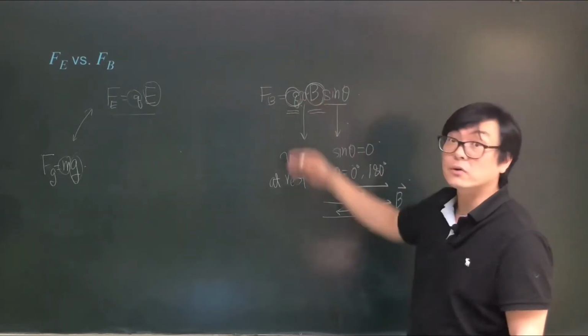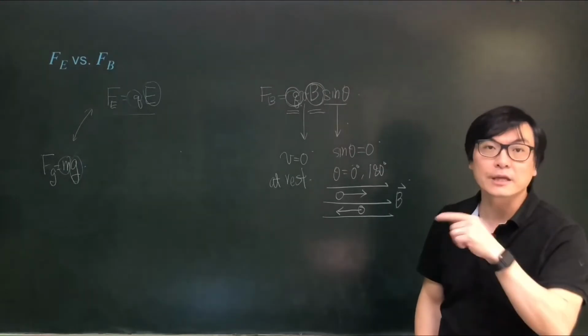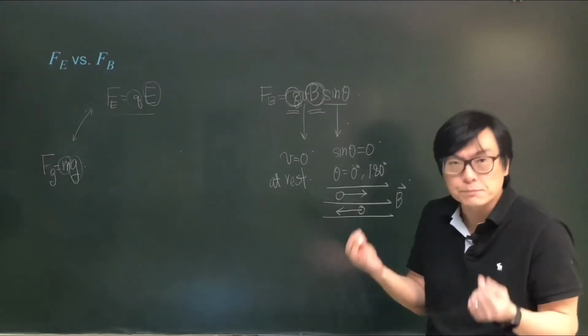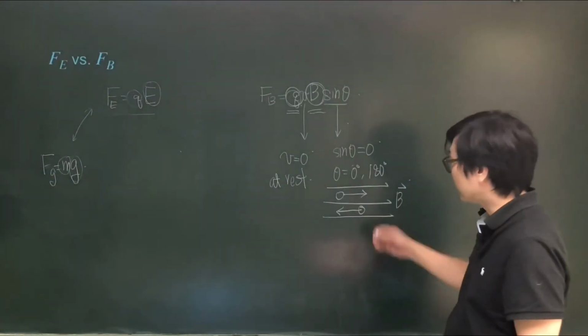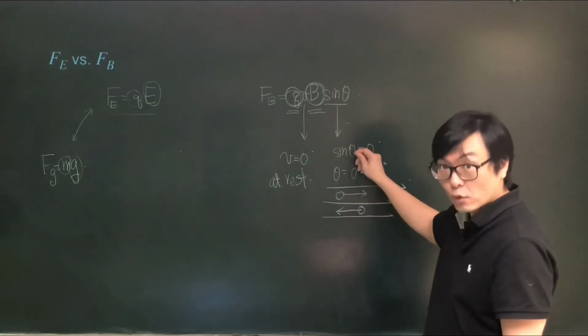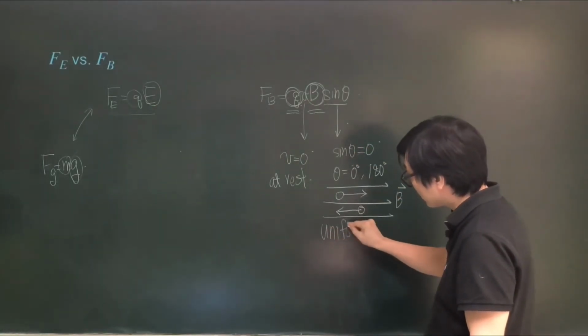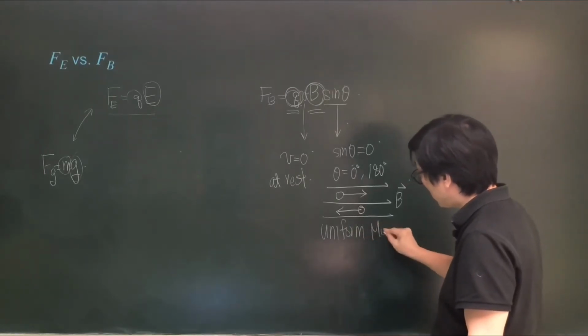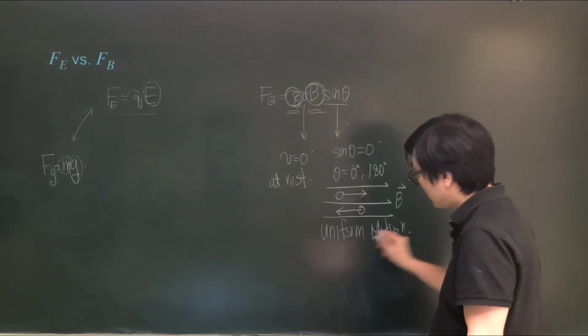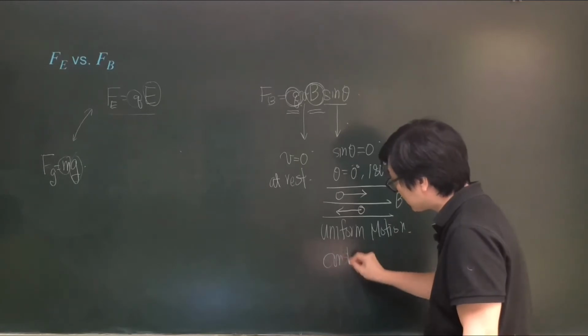Then you're not going to have magnetic force on that charged particle, although it is actually moving in the magnetic field. So it's moving but no force on it, so we will have uniform motion with a constant speed.